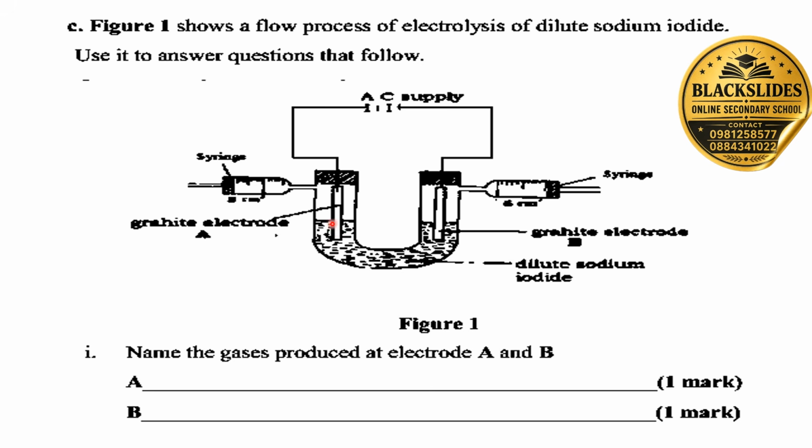So the gas that will be formed at A is iodine. Iodine gas will be formed there. Iodine is oxidized. So the negative iodide ions will give up their electrons upon arriving there, and this will form iodine gas.